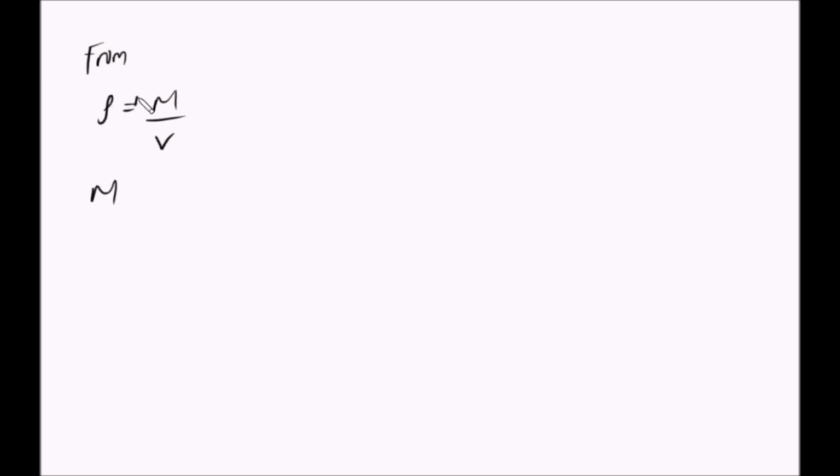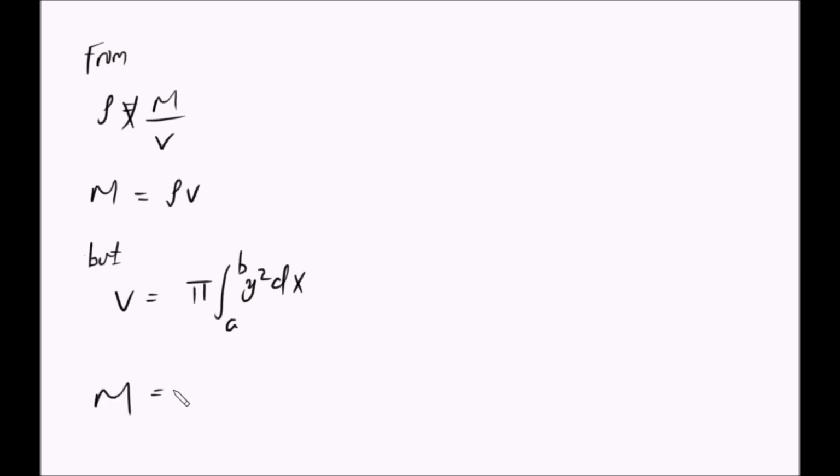Kumbe mass ukicross and multiply ni sawa na density times volume. But volume of a solid of revolution tulisema ni sawa na pi you integrate from a to b y squared dx. Kwa hiyo mass itakuwa sasa na rho times volume ambayo ni hiyo pi, you integrate like this. So this one is the mass.